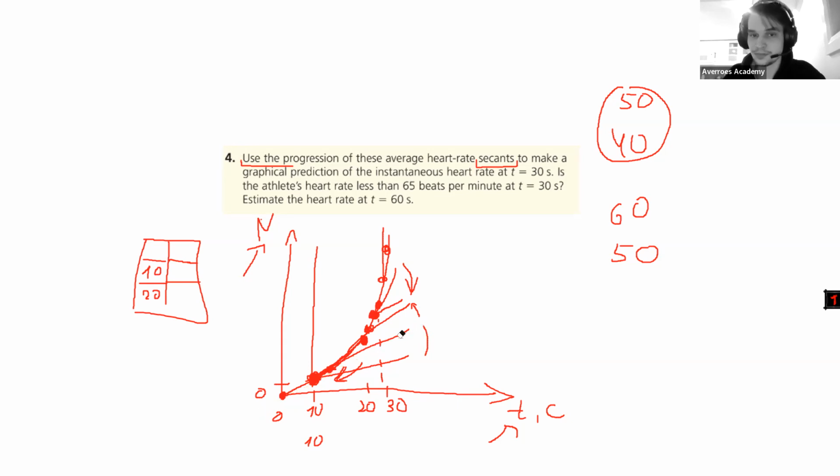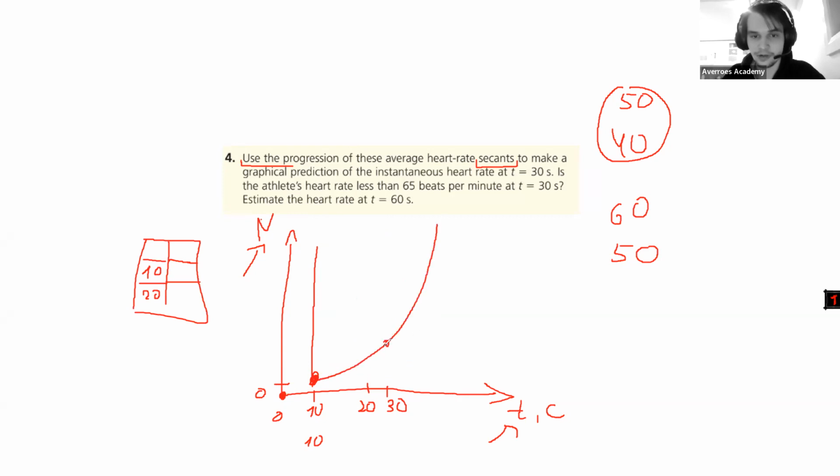For instance, you can take two different points, the one that is before the second value and the one that is after. Let me clean it up a little bit because it's kind of messy right now.